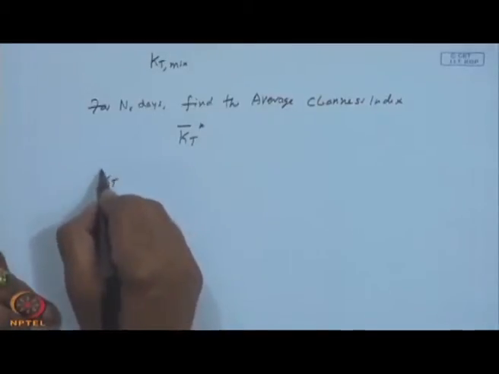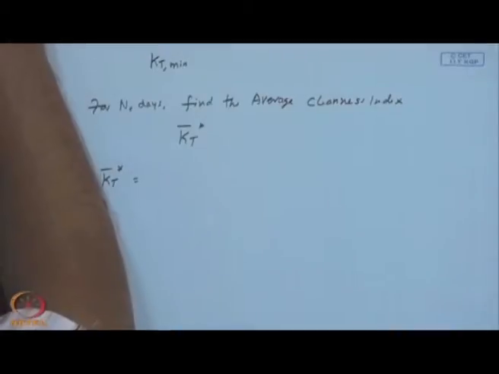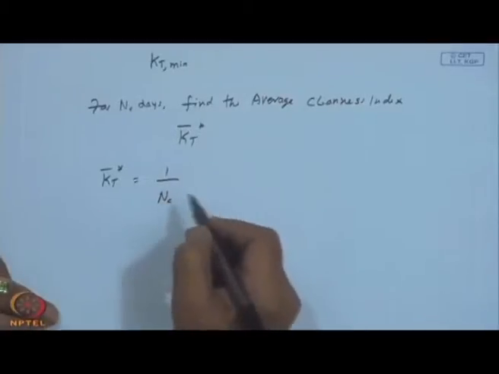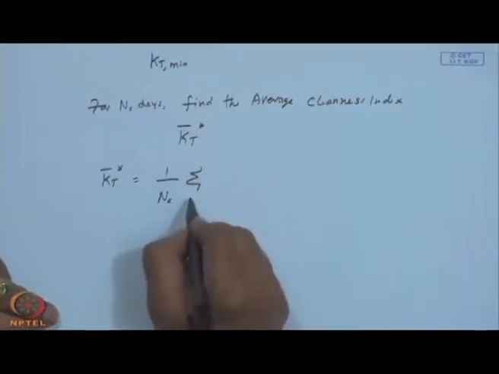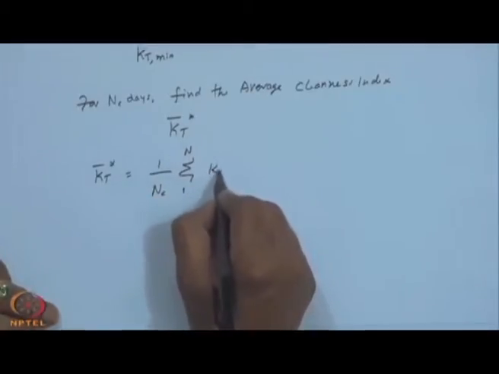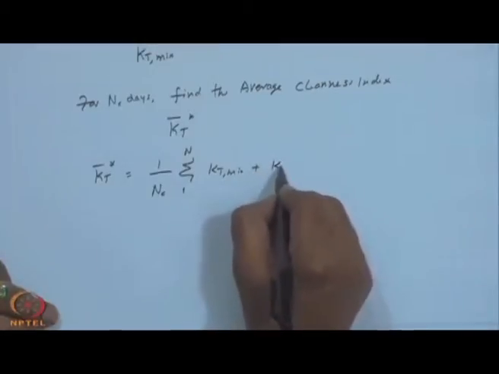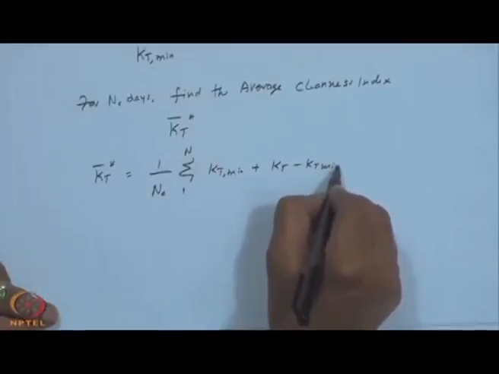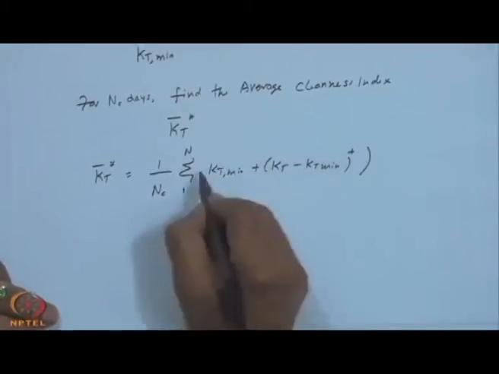So, kT bar star is equal to 1 upon the number of days above which the clearness index is above kT minimum, summed over all the days 1 to n, of kT minimum plus (kT minus kT minimum) superscript plus, whole thing.